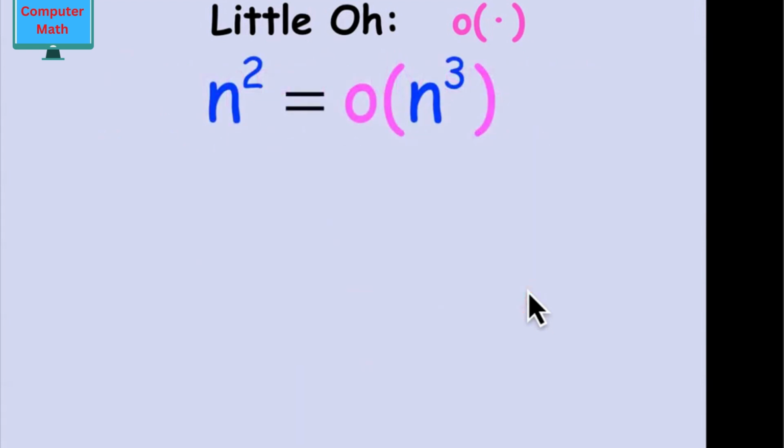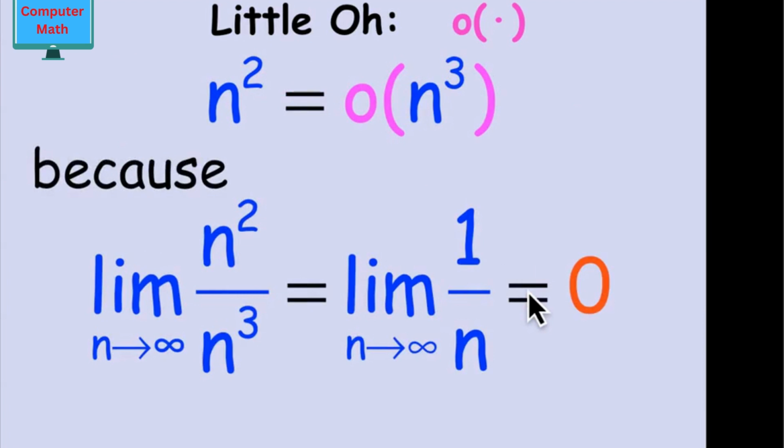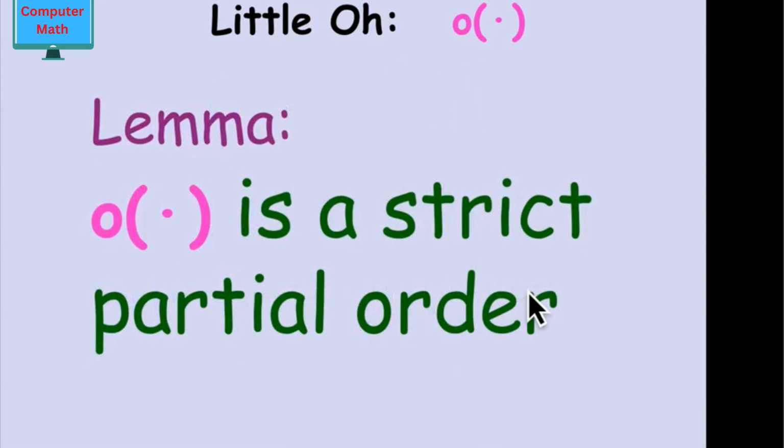Let's look at an example. n squared is little o of n cubed because, trivially, the limit of n squared over n cubed is the same as the limit of 1 over n. It's equal to 0. And by similar kind of reasoning that we did for asymptotic equality being an equivalence relation, it's not very hard to prove that little o defines a strict partial order on functions.